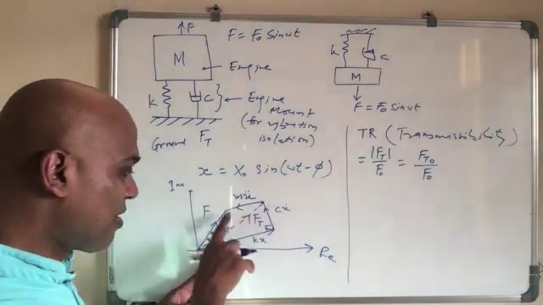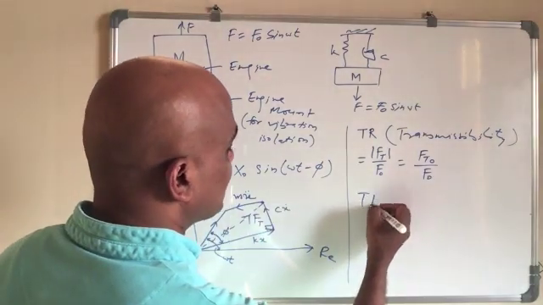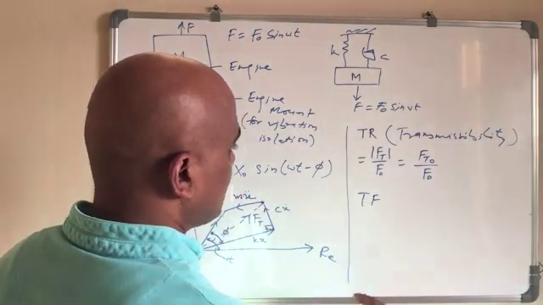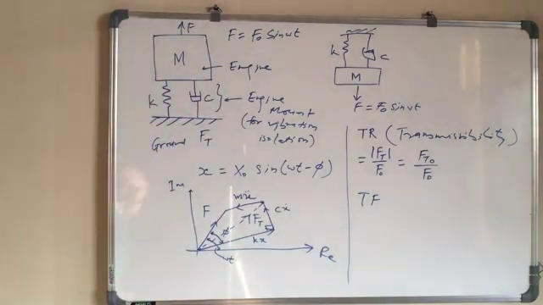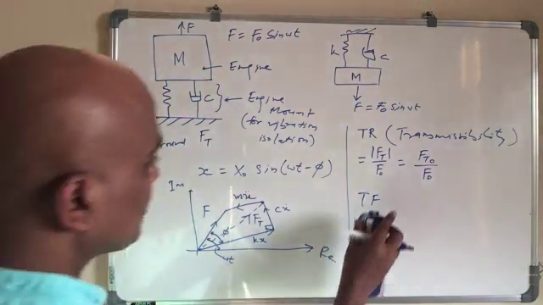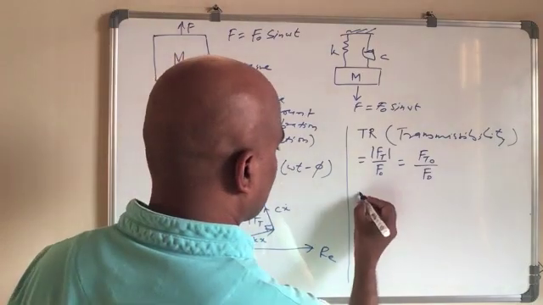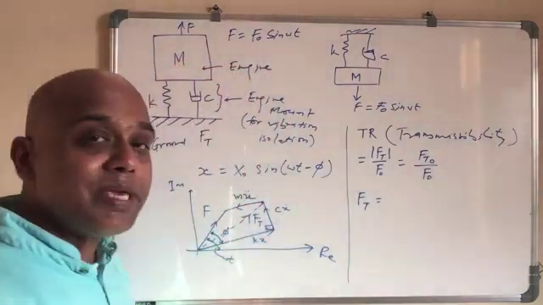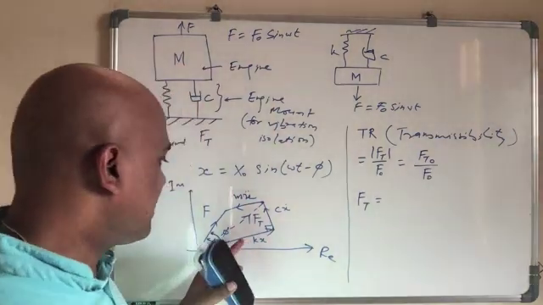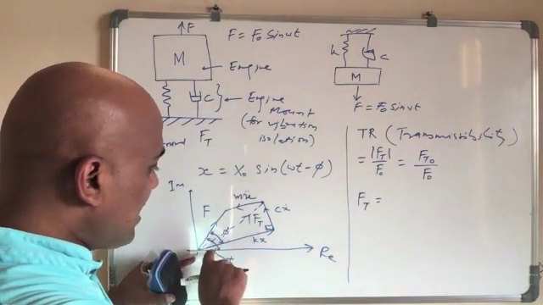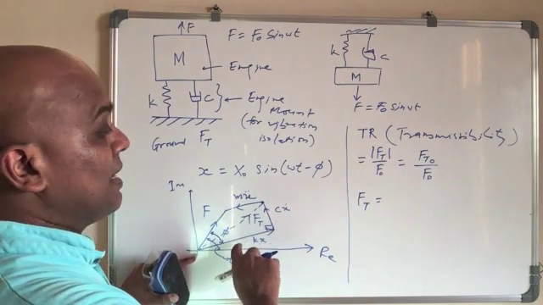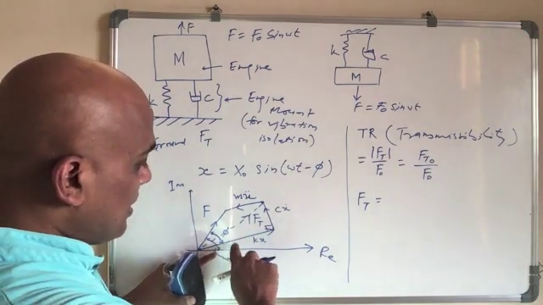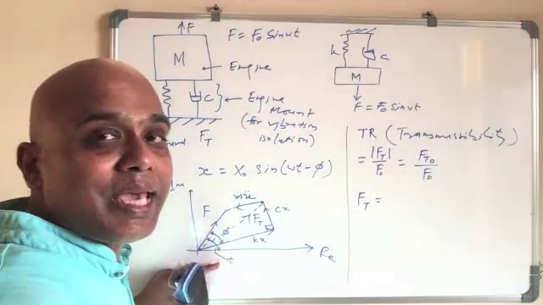The transmitted force comes from here. So the transmitted force Ft will be given by, in terms of vector notation also we can use, right?